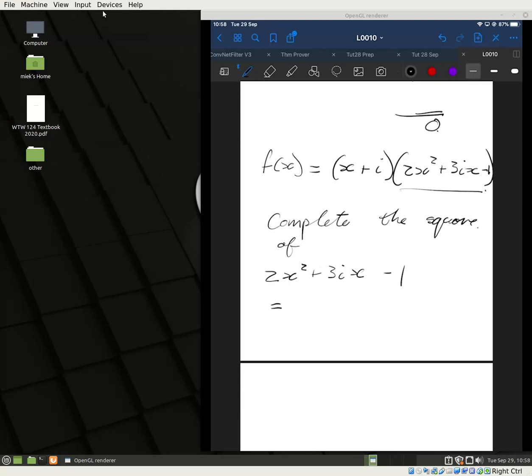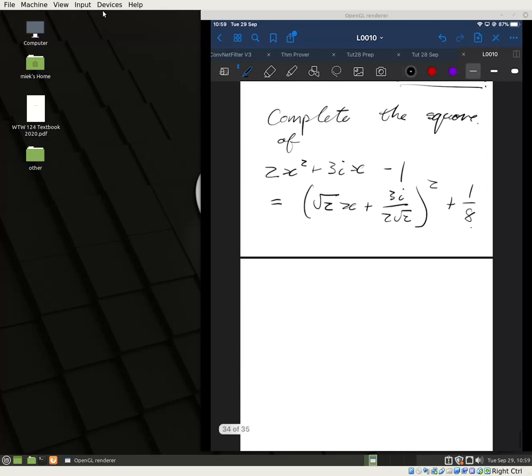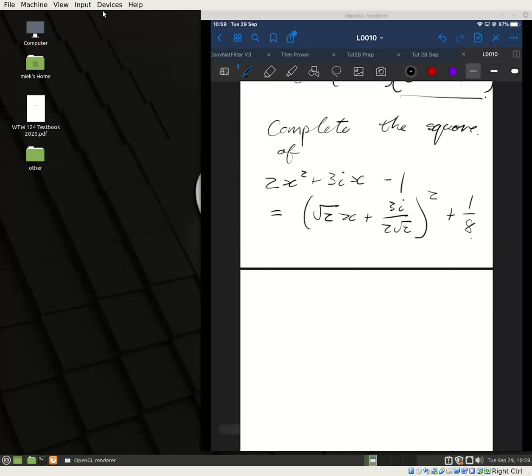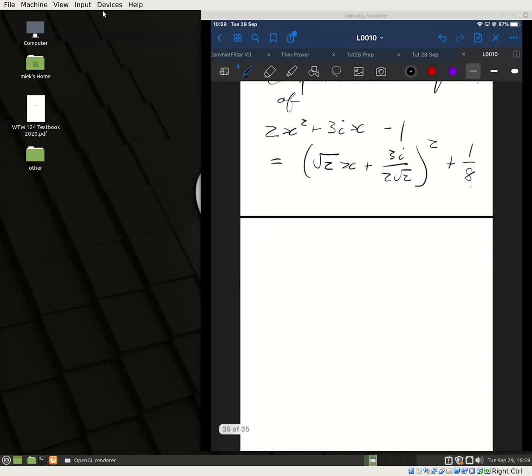And what do we obtain there? When we complete the square, we obtain (square root 2 x plus 3I over 2 square root 2) squared plus 1 over 8. Perhaps the easiest way to proceed is to introduce a new variable. So let y be defined as square root 2 x plus 3I over 2 square root 2.